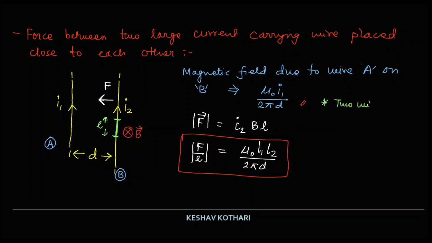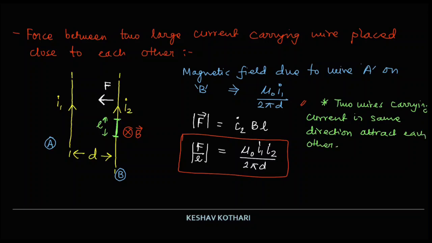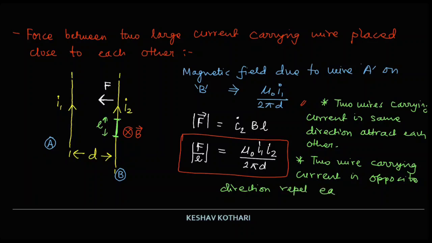Two wires carrying current in same direction attract each other, while two wires carrying current in opposite direction repel each other.